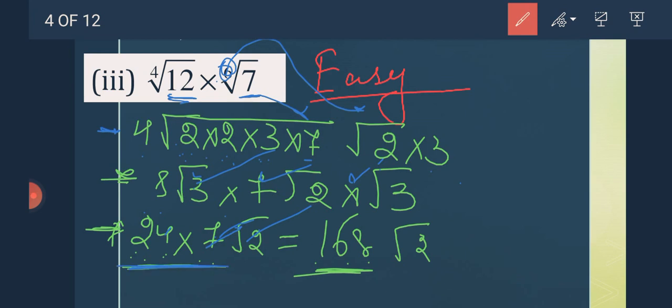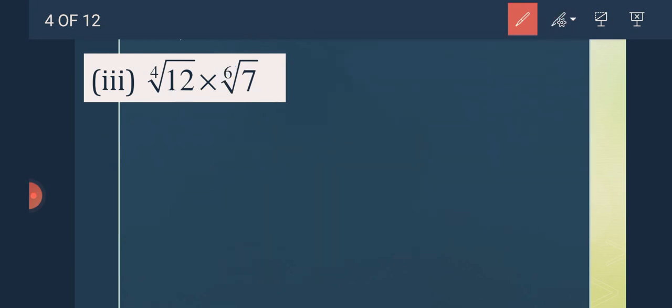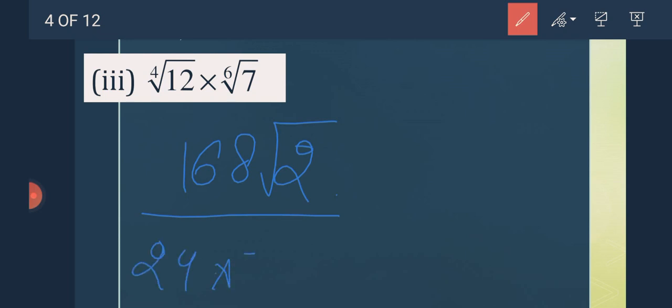By multiplying this, we get the answer. But you have to check, because my answer also can be wrong. It depends on you whether you are doing it right or not. So what is the answer that we are getting? The answer is 168 root 2. Very easy question. We get it as 24 into 7 root 2, and when we multiply this, we get this answer.